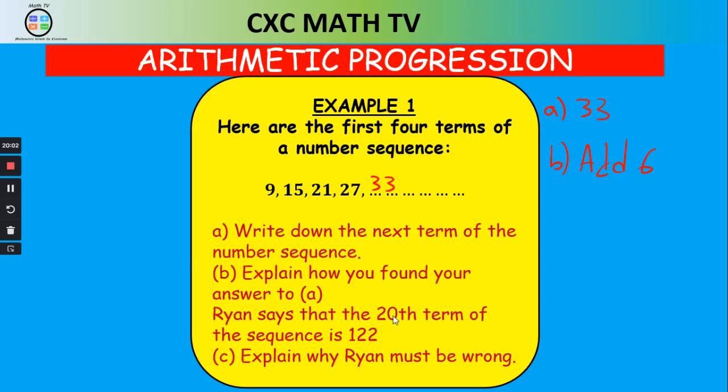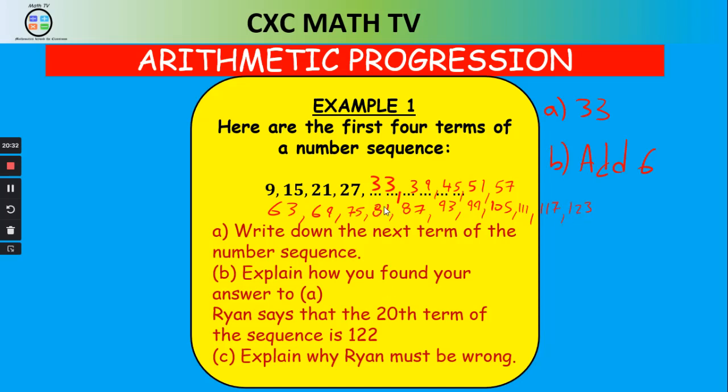Now it says Ryan said that the 20th term is 122. Explain why Ryan is wrong. Now since you're adding 6, right, you could keep adding 6, 39, 45, 51, 57, 63, 69, 75, 81, 87, 93, 99, 105, 111, 117, 123.